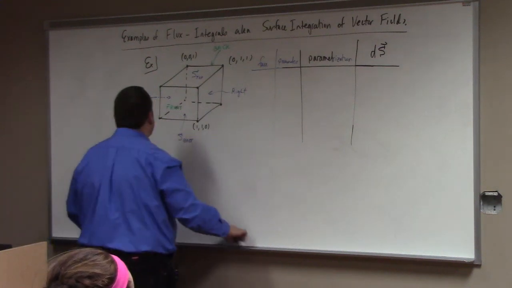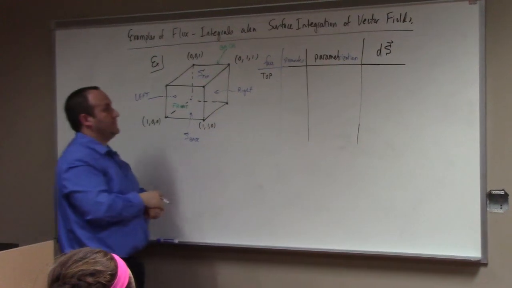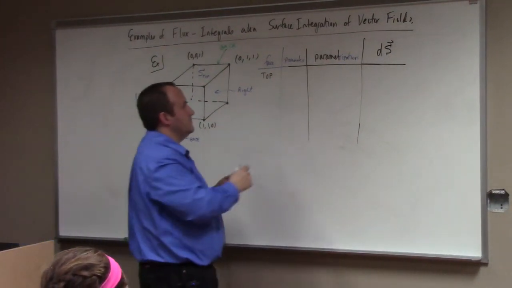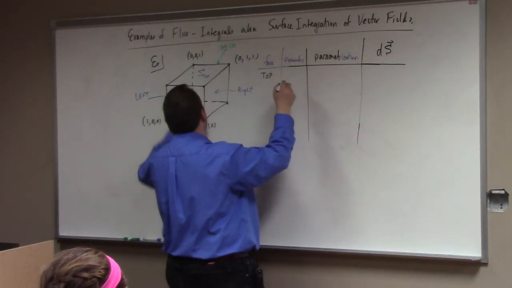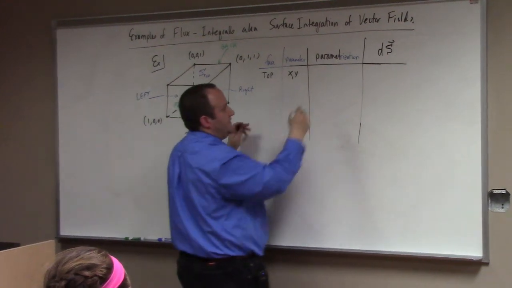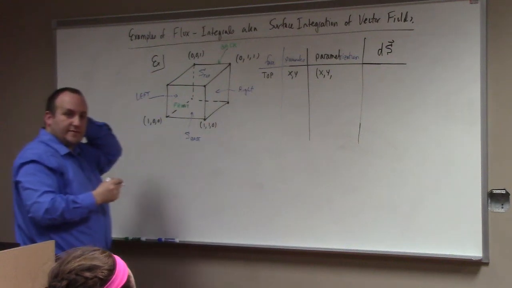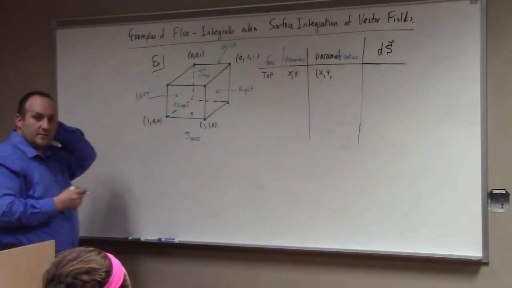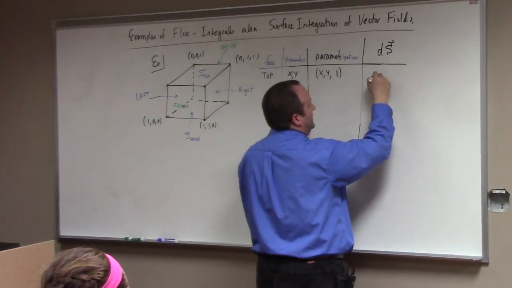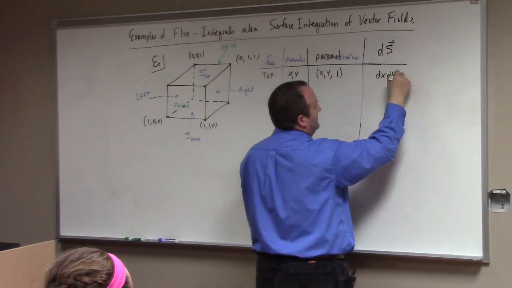All right, so let's start out here. Top. For the top, I would use x and y for parameters. The parameterization I would use would be x, y, and what's z on the top face? It's just 1, right? And what's my ds? My ds is nothing more than dx dy z hat.